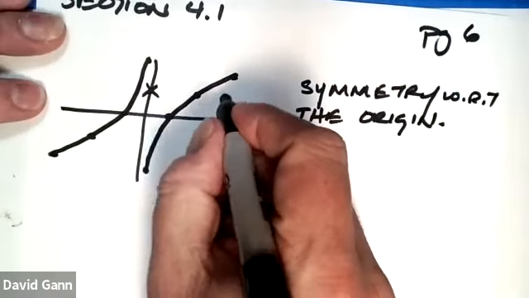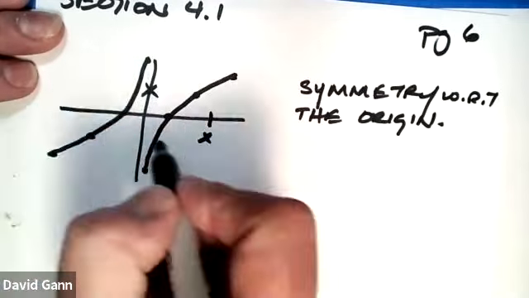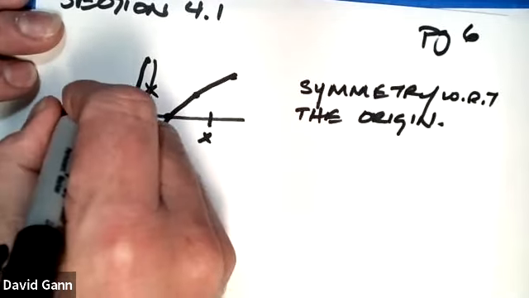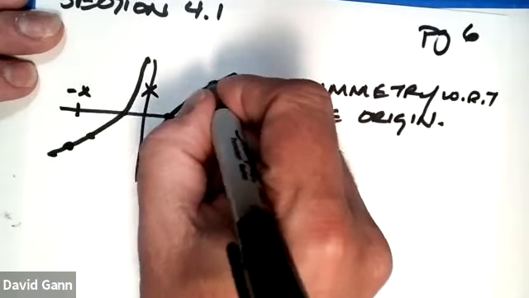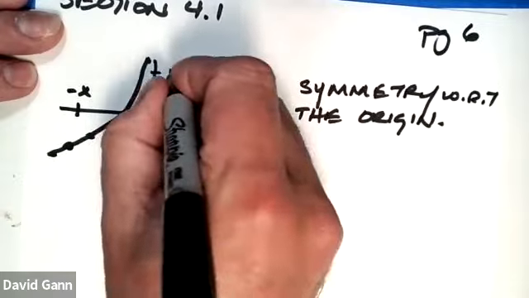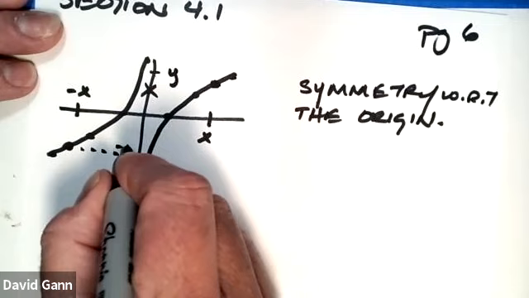Okay, and notice that if I pick any particular x value, there's a corresponding negative x value over here. And notice that the y values have the same magnitude, except that their sign is opposite.